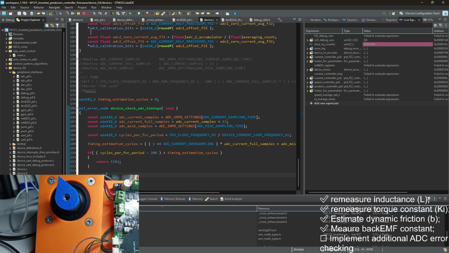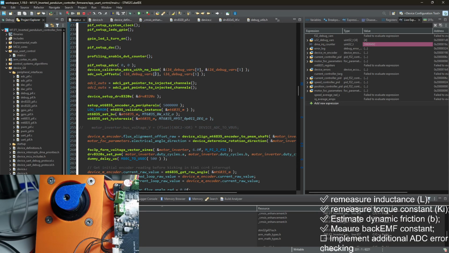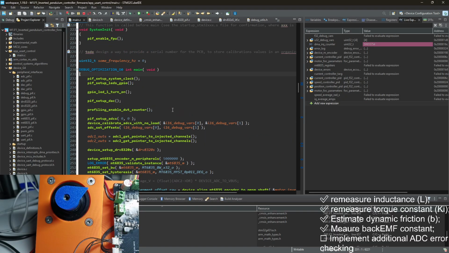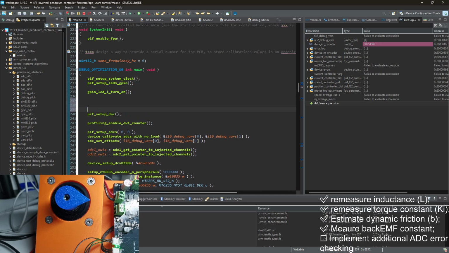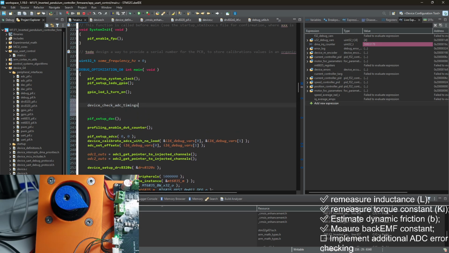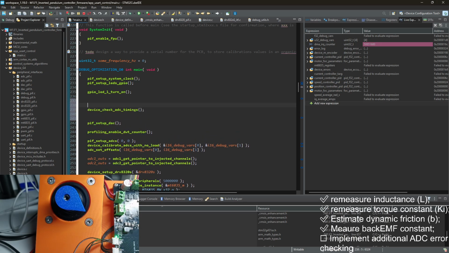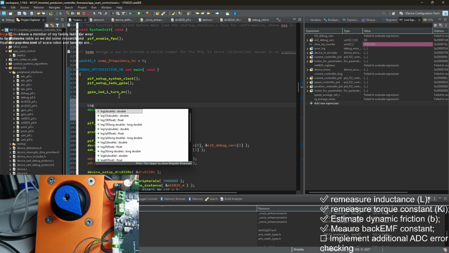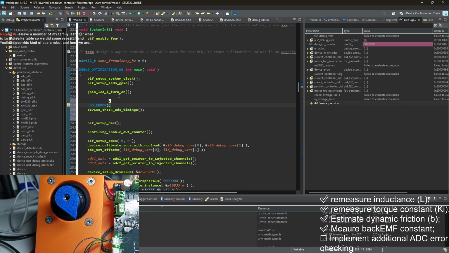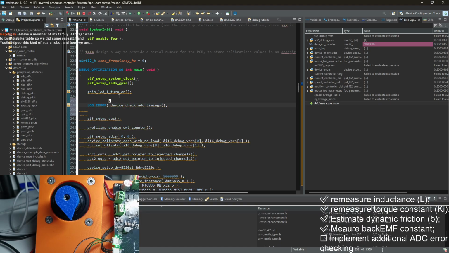Okay, and let's run it in our main and let's see if our evaluation is correctly broken, which is supposed to be. So let's go to our main. And at this point, we can do it at any point. Actually, let's do it here. And let's log our error. This function, like that.